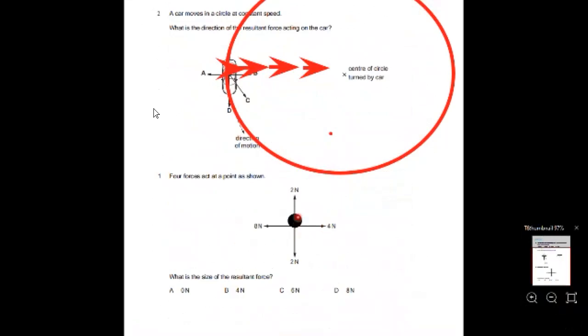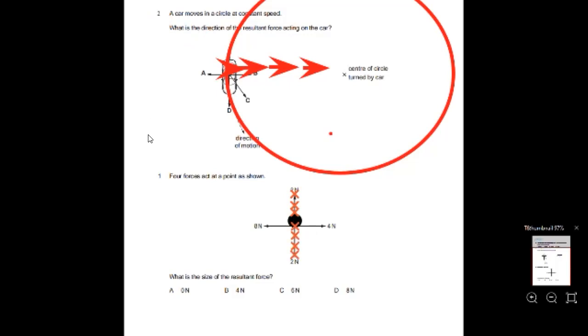So 2 newton is acting in the upward direction and 2 newton is acting in the downward direction. These forces are balanced, so these two are not going to make any change, so let's cross them.